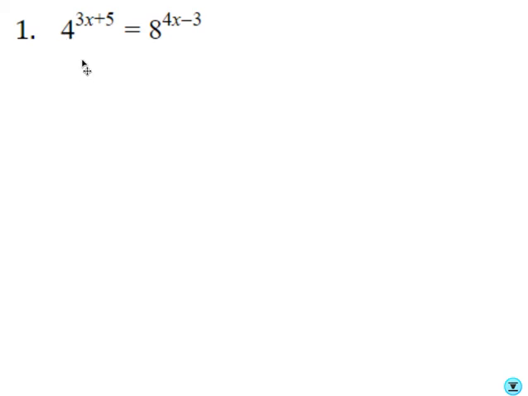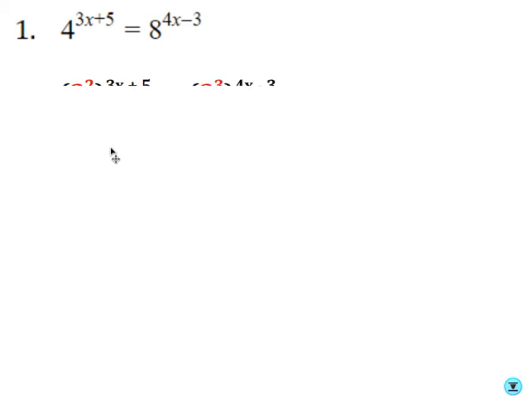When we're trying to get bases to be the same, we cannot just multiply or divide. We need to think about powers and what base to a certain power can get us similar things. So in this case, because they're similar, we're going to change both of them to be the same base, if not one or the other base.